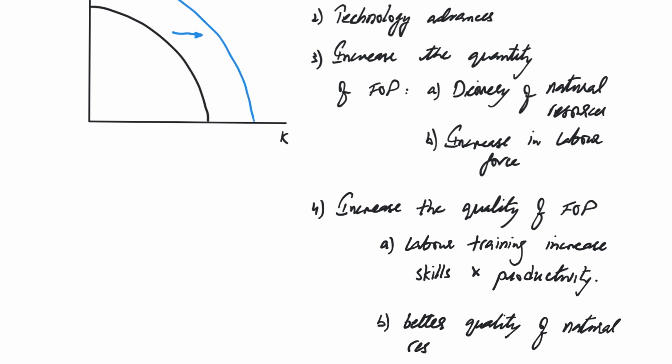By using better fertilizers and better ways of extraction, you can definitely cause improvement in them also. So after talking about this, you must have a discussion on the benefits of economic growth for an 8-marker question, and obviously the costs of economic growth.